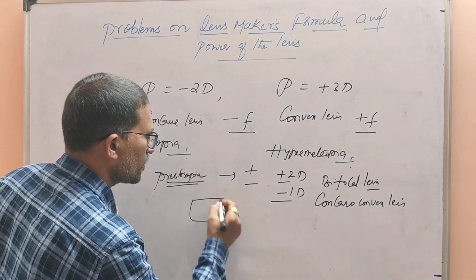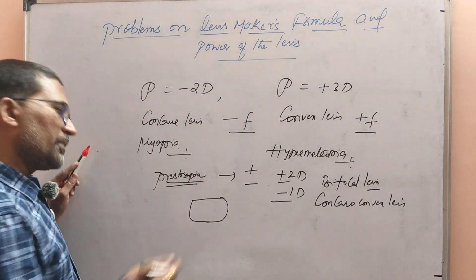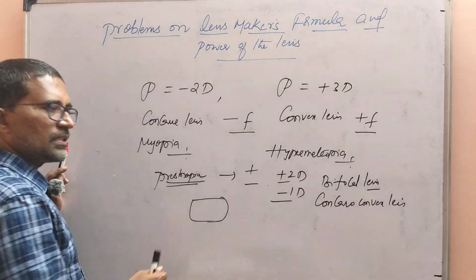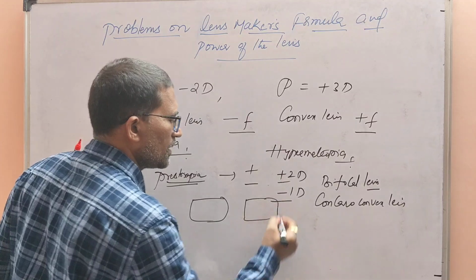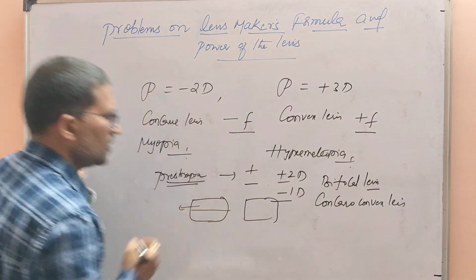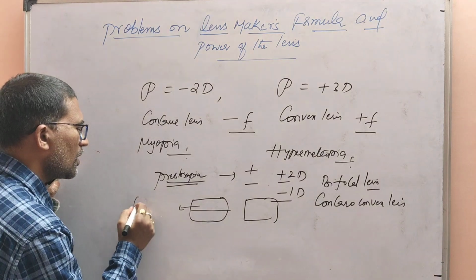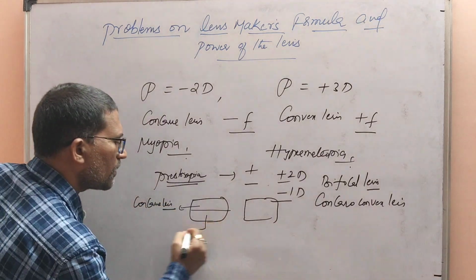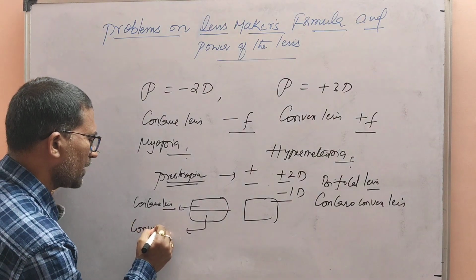Consider this one as a lens. A person is suffering with presbyopia. The lens used by the person is like this, and we have two lenses like this. The upper portion represents a concave lens, and the lower part is convex.